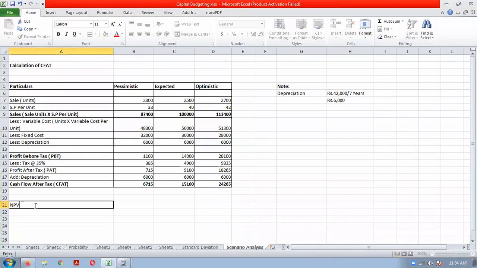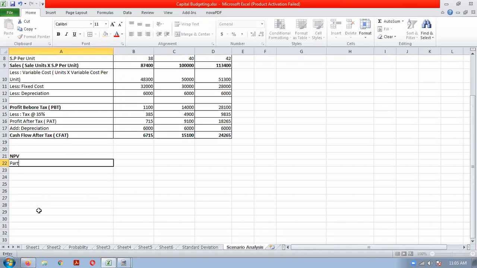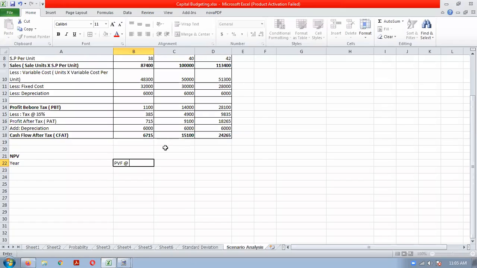Now we can calculate the NPV. First we will calculate it in the same table only. PV factor, that is the discounting factor, is 13%.